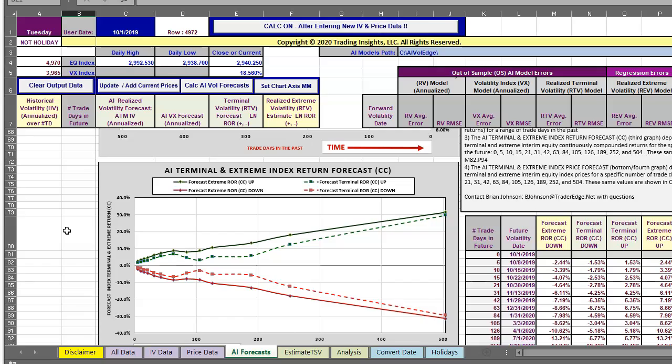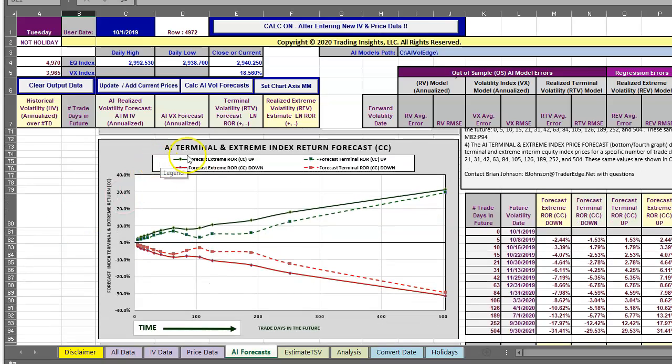Now, we talked about this next graph before, which is the terminal and extreme volatilities expressed as a rate of return. The x-axis represents the number of trading days into the future. The y-axis indicates the expected terminal price change of the SPX in this case, which is the dashed line, and you notice again it's plus or minus.